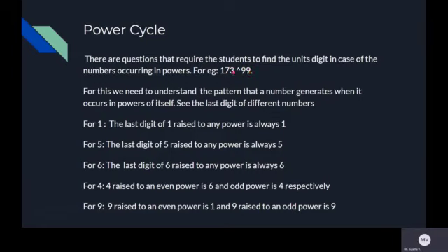So we need to be concerned only with the units place digit of the base also. 173, what will be the units place digit? It is 3. So 173 raised to 99 can be reduced to a smaller question, that is 3 raised to 99. What is the last digit of 3 raised to 99? The answer to that will be the same as the answer to 173 raised to 99.